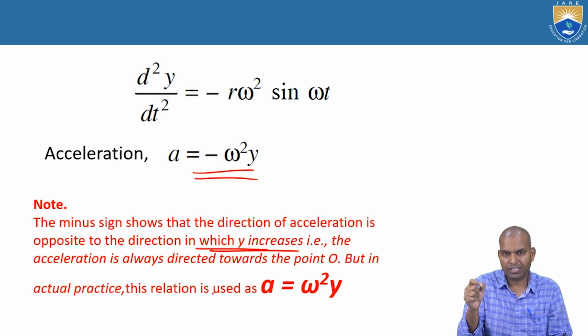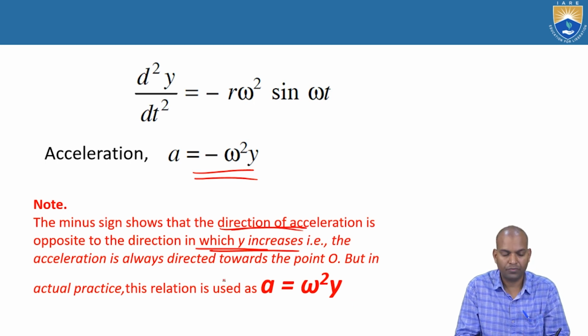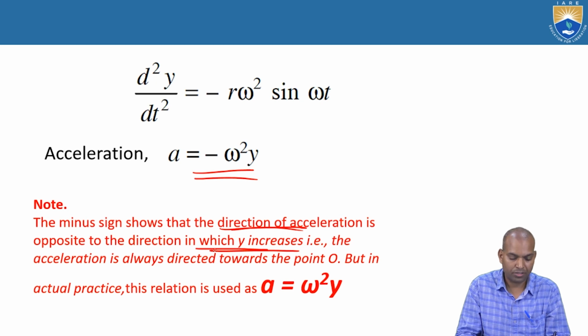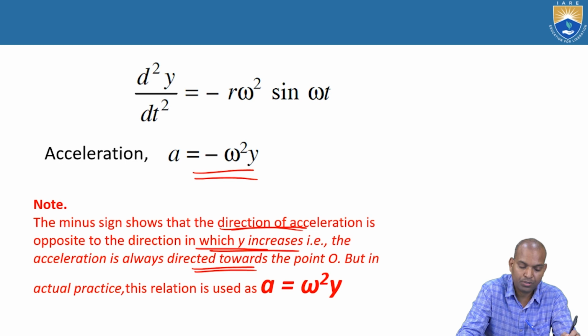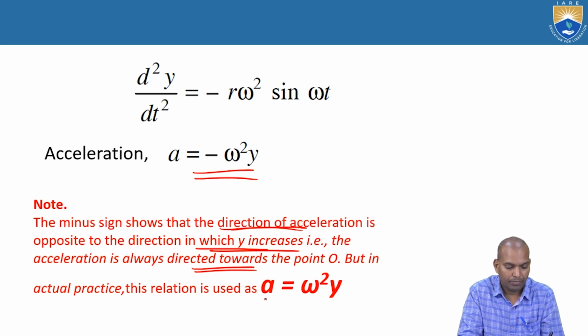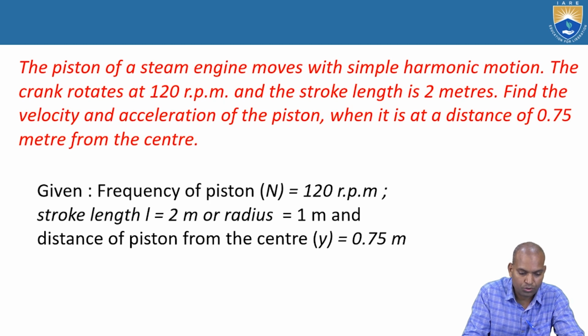So the acceleration is always directed towards the reference point or mean position. That is the significance of the negative sign in minus omega square times y.